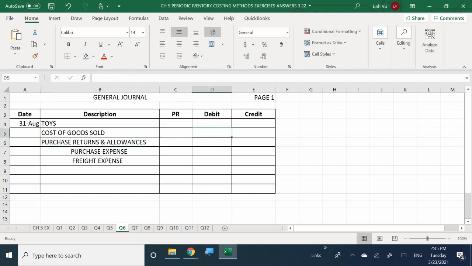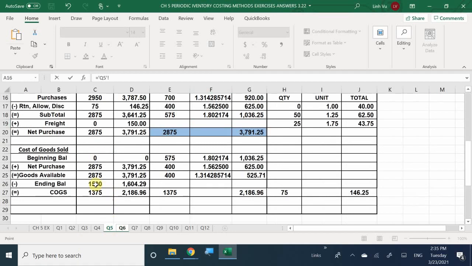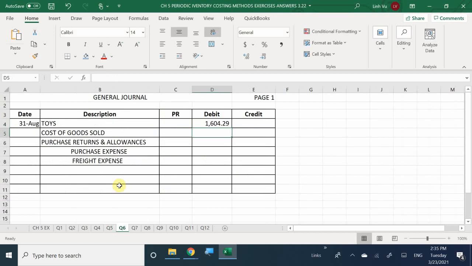Okay? So once again, what was my ending inventory? 1,500. Okay, that's the quantity. 1,604.29. Yes. That's the accounting rule: it has to be in terms of monetary value. Okay.